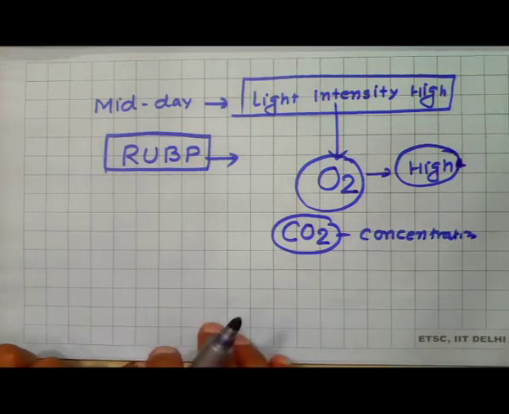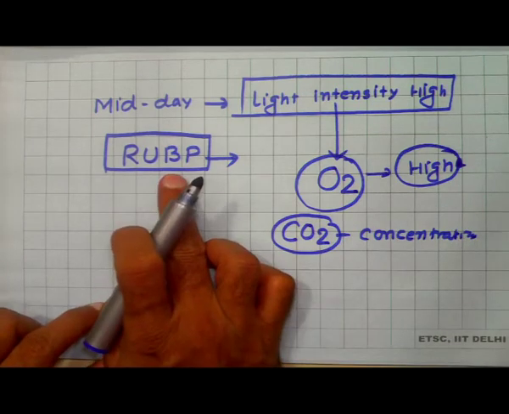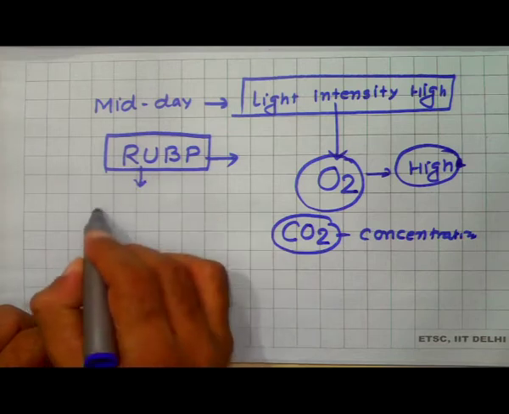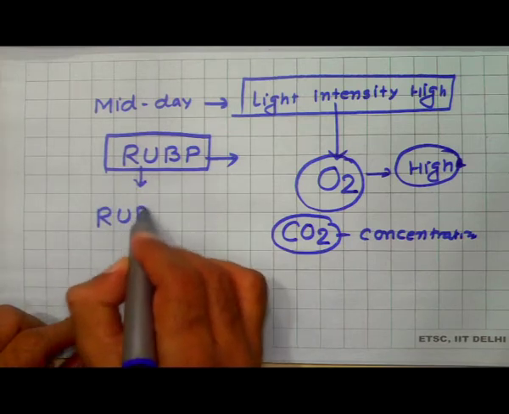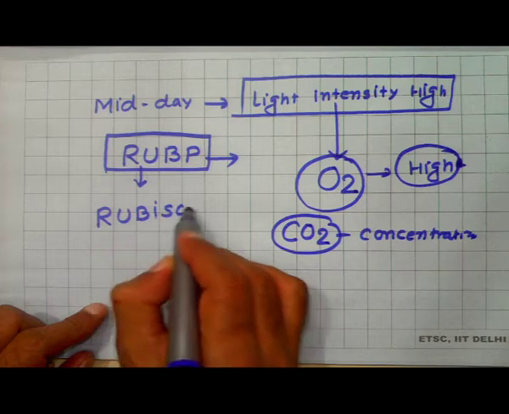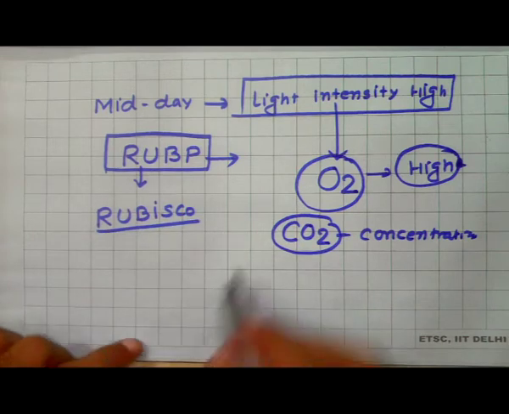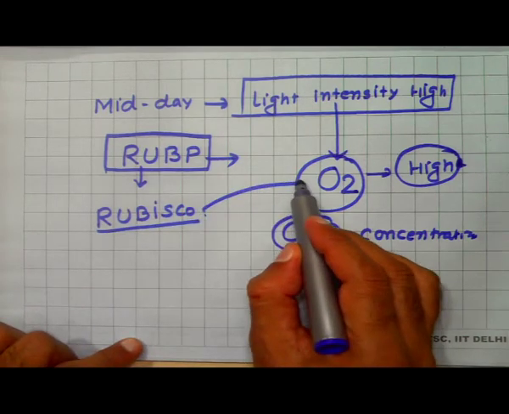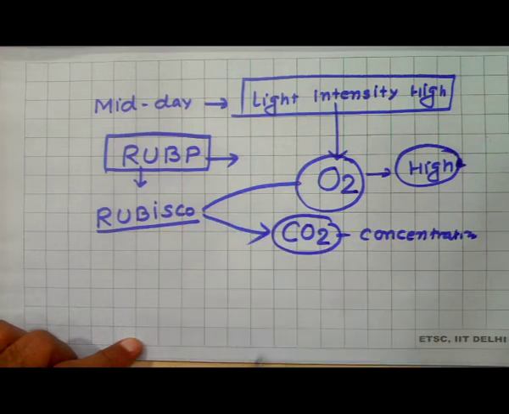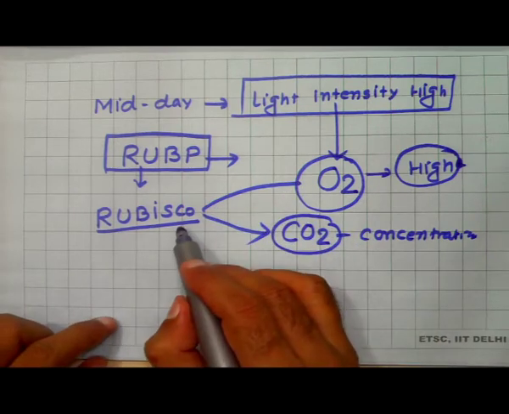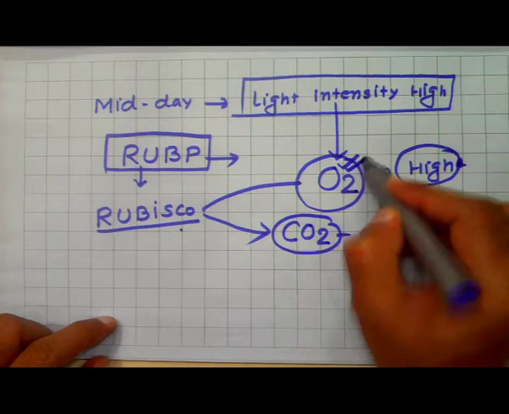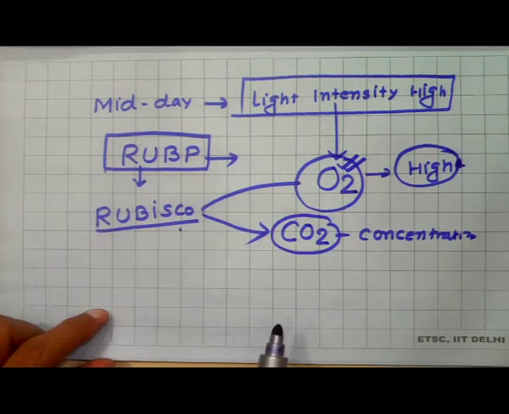So, what happened in these cases? The RUBP, the enzyme called Rubisco, works with carbon dioxide, and Rubisco combined with oxygen.